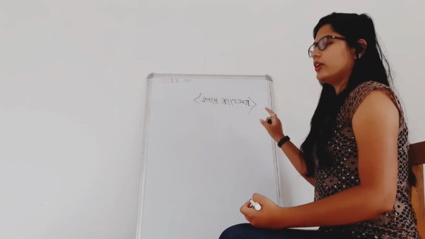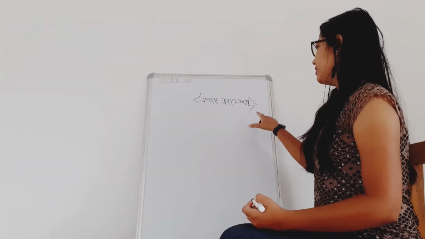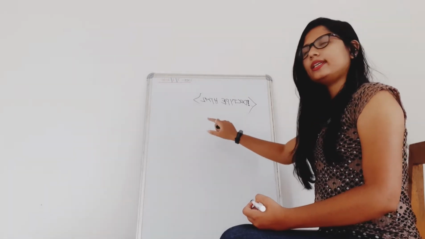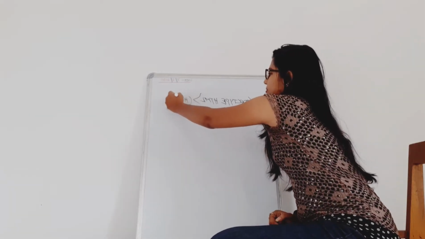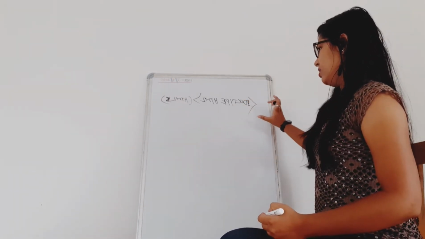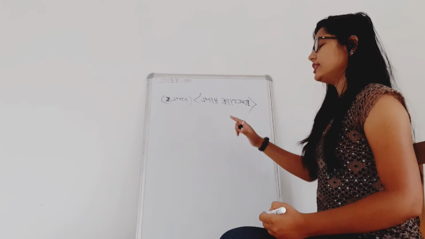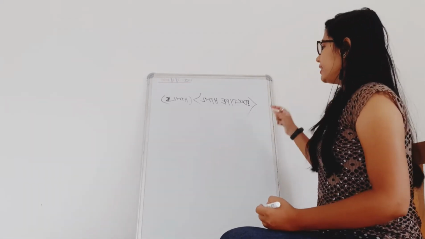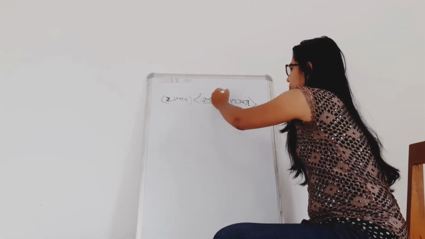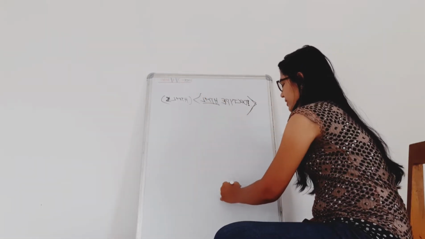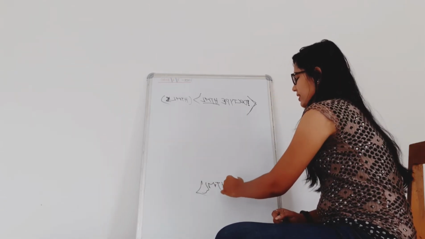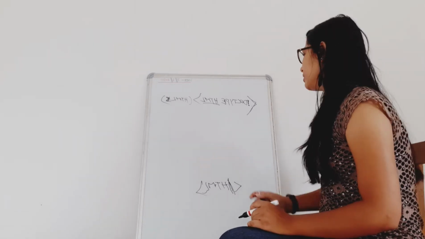You can see this in any page's code: doc type HTML means it is the HTML5 version. Then we start the html tag, and we also close the html tag. Close means a slash and html. Same thing we write here.